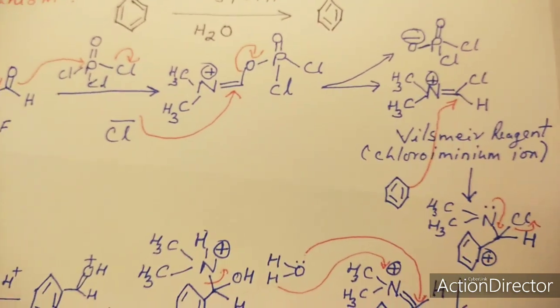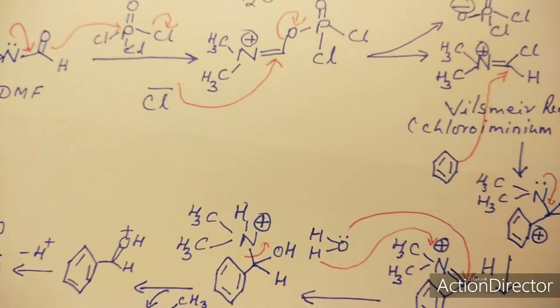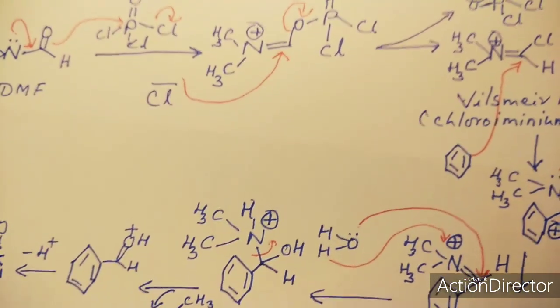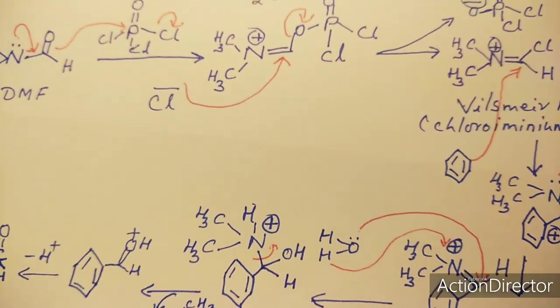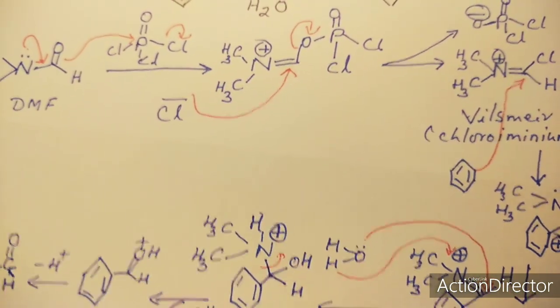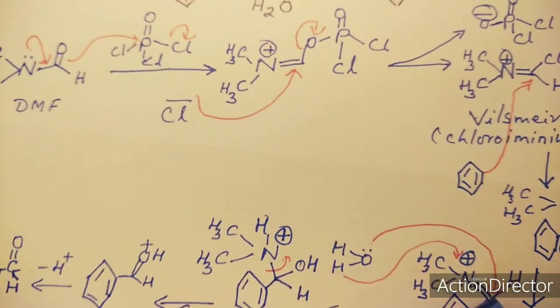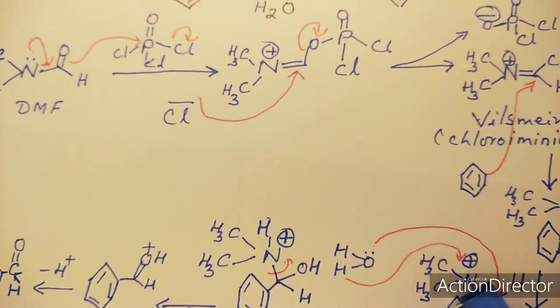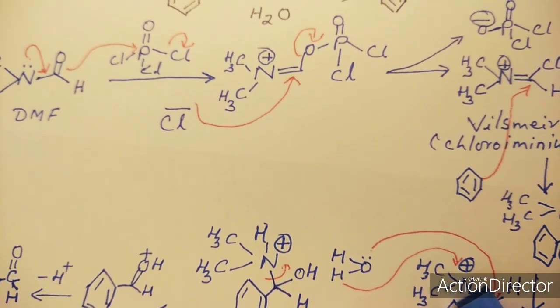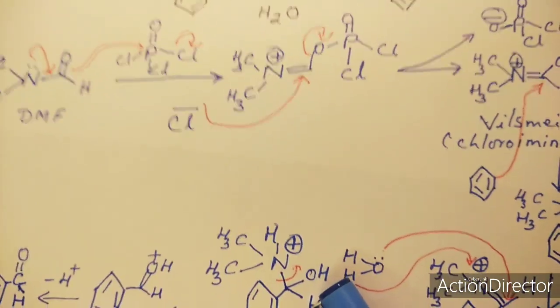Once the Cl has been removed, we will be generating again a carbon double bond nitrogen, and nitrogen again gets the positive charge. How is it removed? Because of the H2O workup, OH negative attaches to this carbon, so that this nitrogen again becomes single bonded with a lone pair, and that lone pair attracts the other H positive.